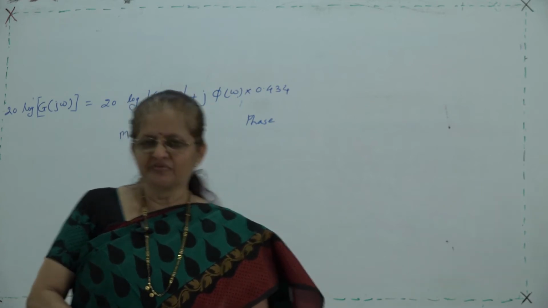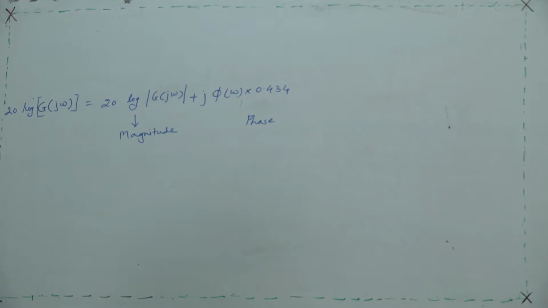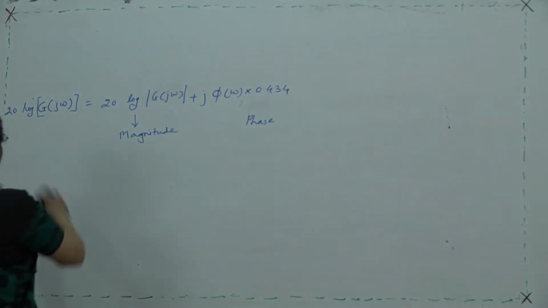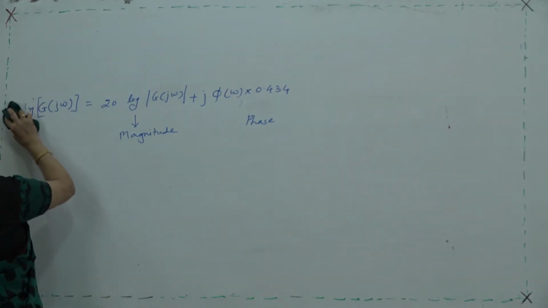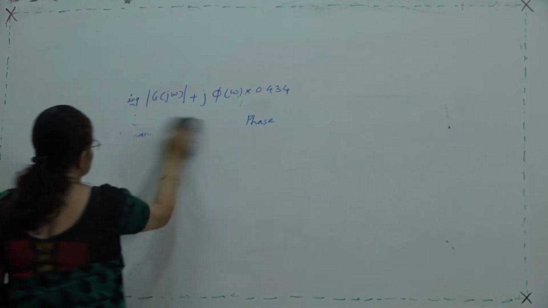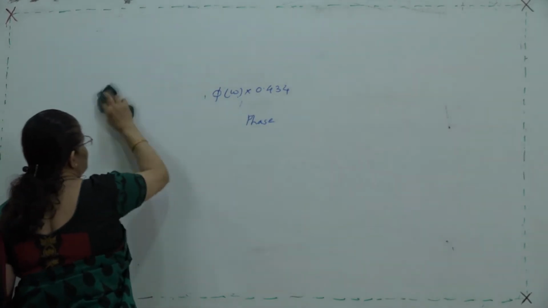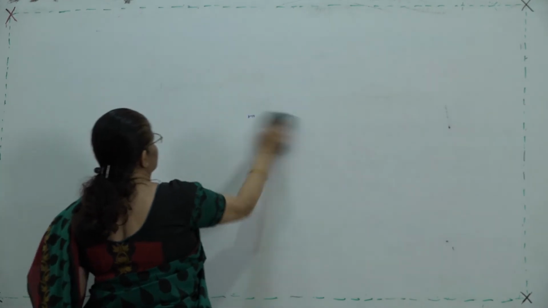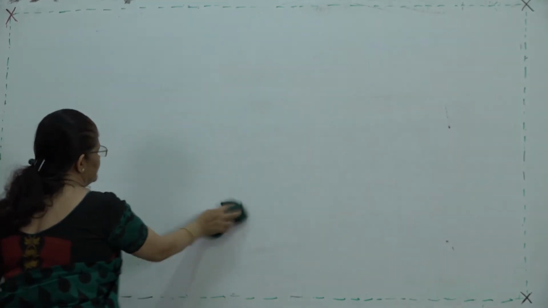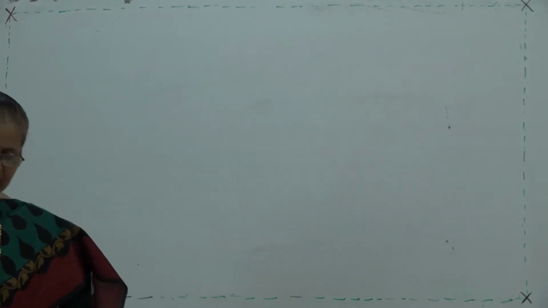So, that we will see in general. Suppose we are considering the transfer function G(j omega) with various zeros and poles: real poles, complex poles, poles at origin, all possible combinations.